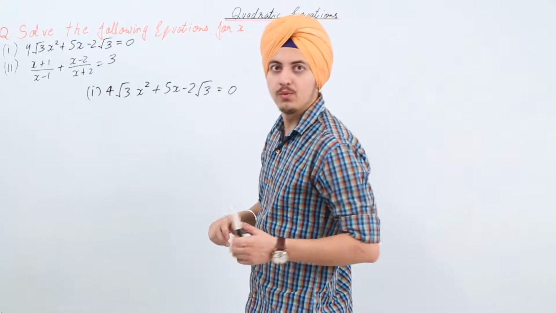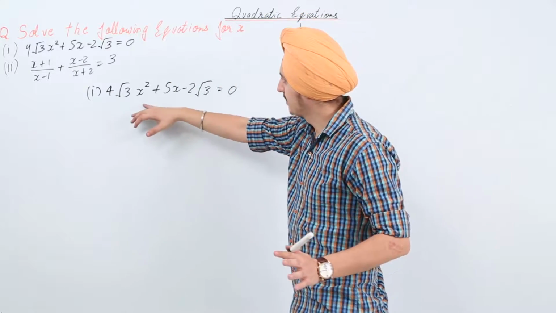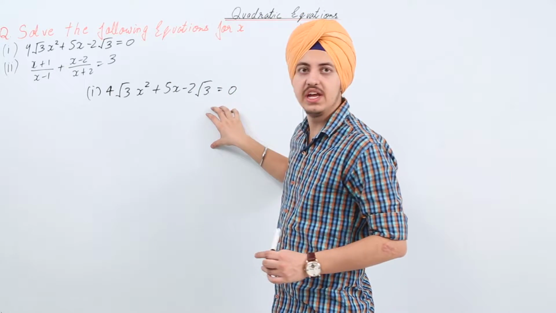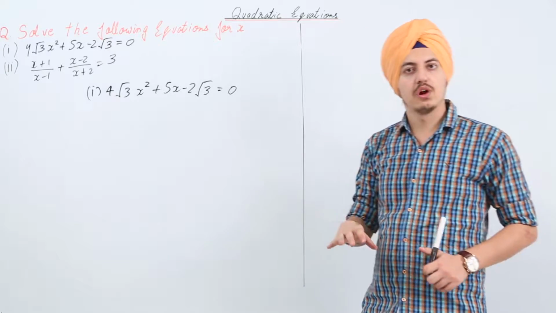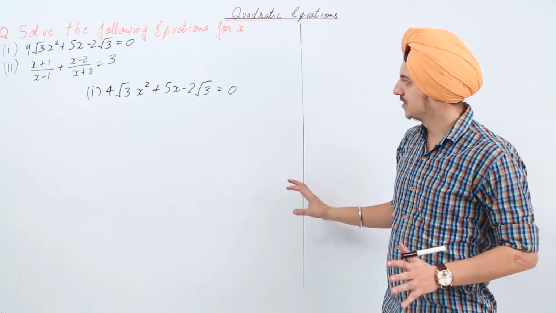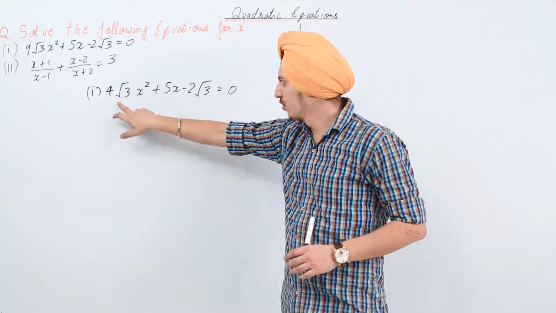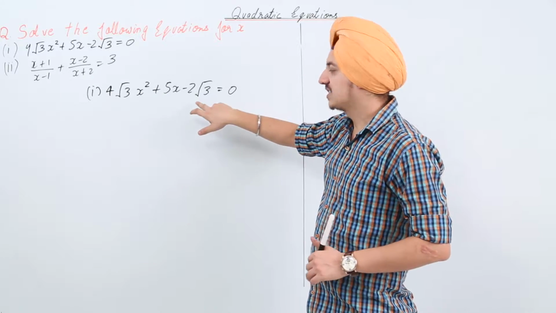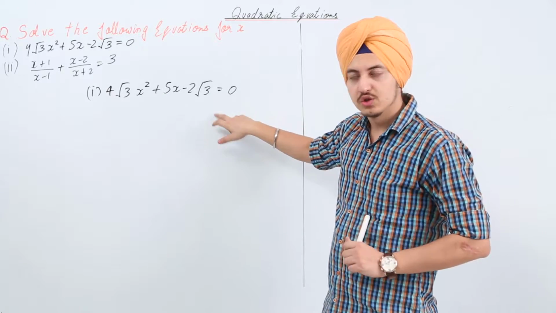So again, what we have here is a simple equation which is already in the form of ax square plus bx plus c equal to 0. We know a is equal to 4 root 3, b is equal to 5 and c is equal to minus 2 root 3.